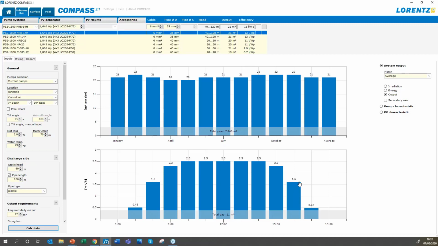And actually it's giving us a few different solutions. All of these would work and give us what we need. You can see there are some slightly different pump models. They're sorted by product name order, which typically implies the cheapest price at the top.